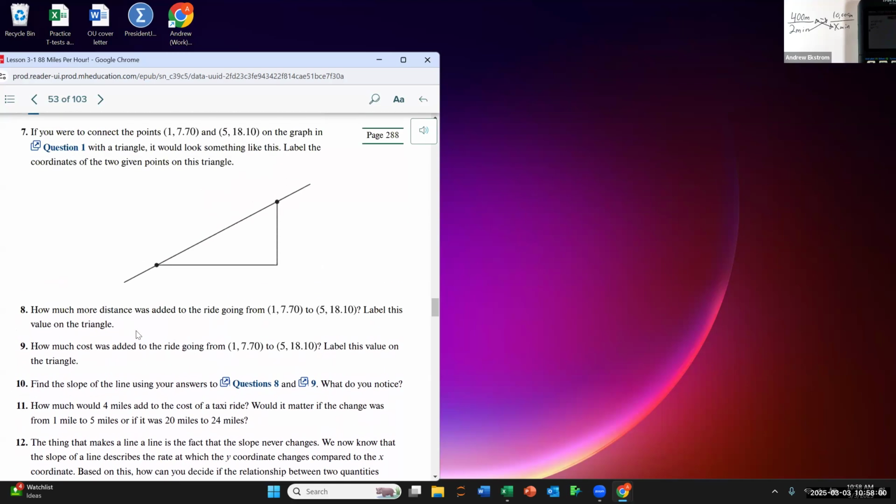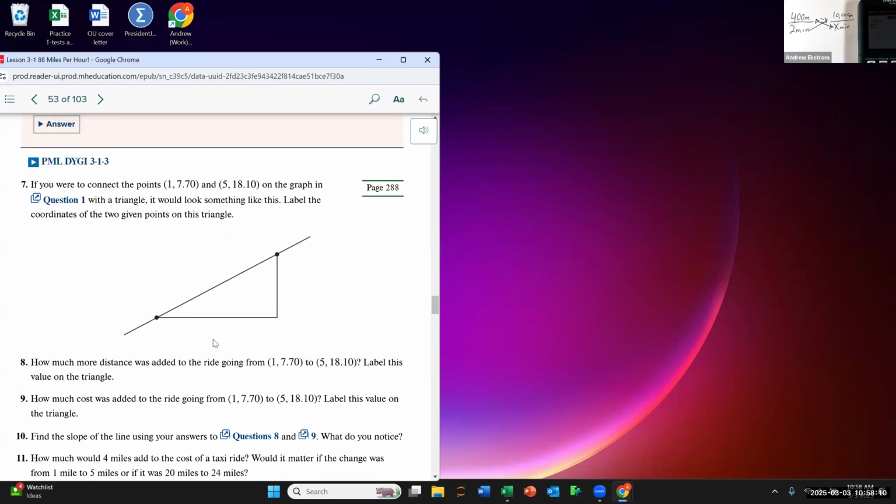So looking at what we have here, how much other stuff do we have to do? How much more distance was added to the ride going from here to here? If you connect two points on the graph in question with the triangle, it would look something like this. Label the coordinates of the two given points.